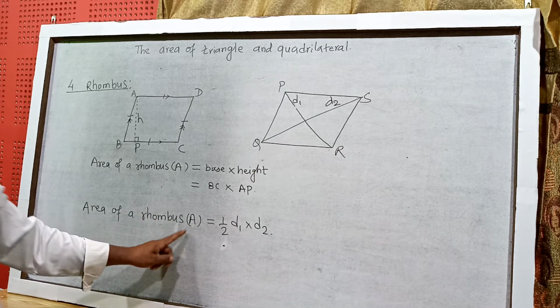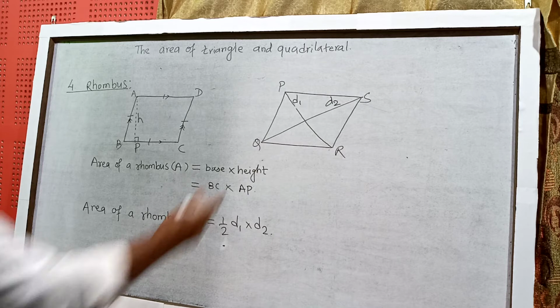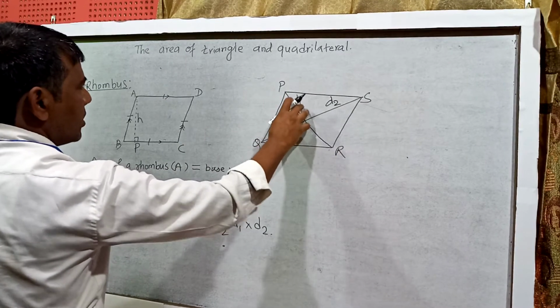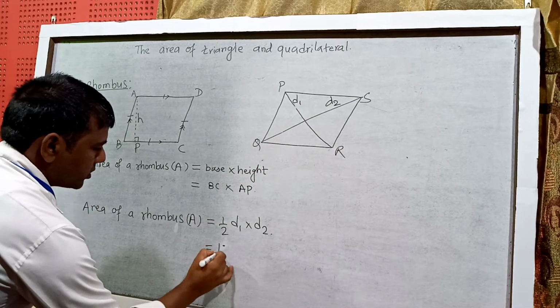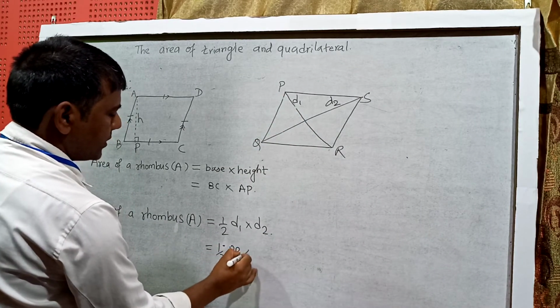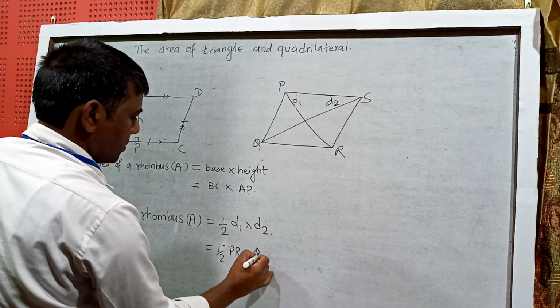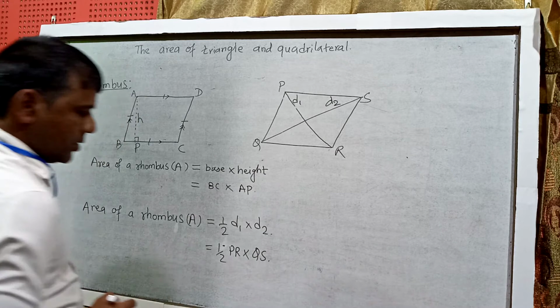Area of a rhombus A equals 1 by 2 D1 into D2. In this rhombus, its area equals 1 by 2, first diagonal is PR and second diagonal is QS.